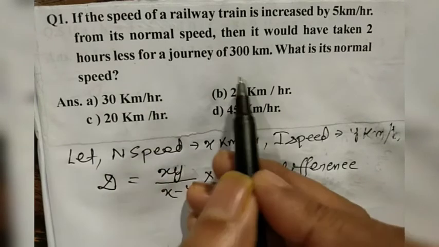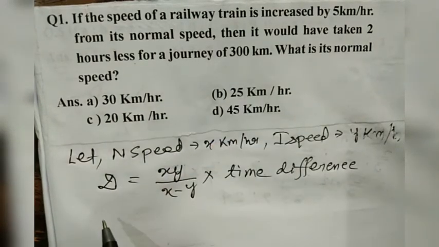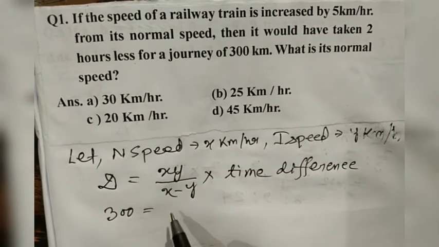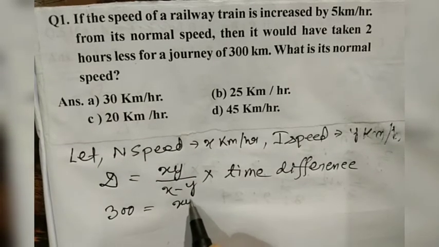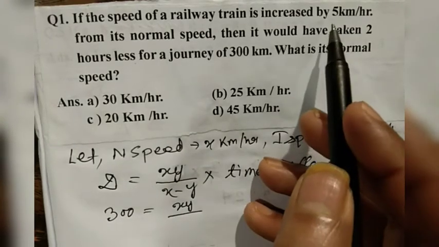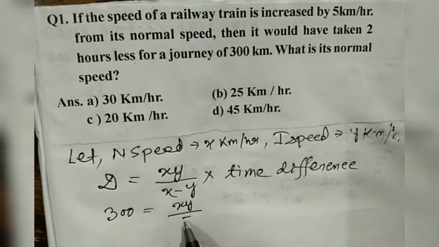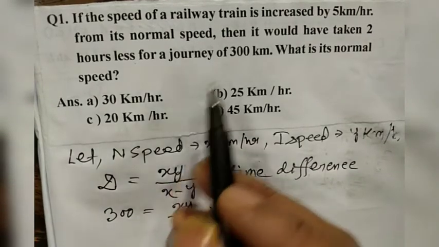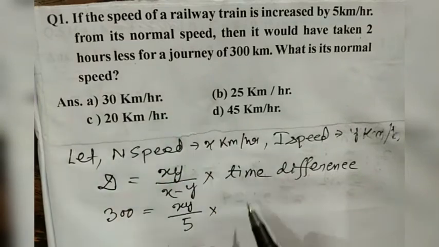D is equal to 300, equal to xy by x minus y, which is 5, into time difference, 2 hours less, 2.